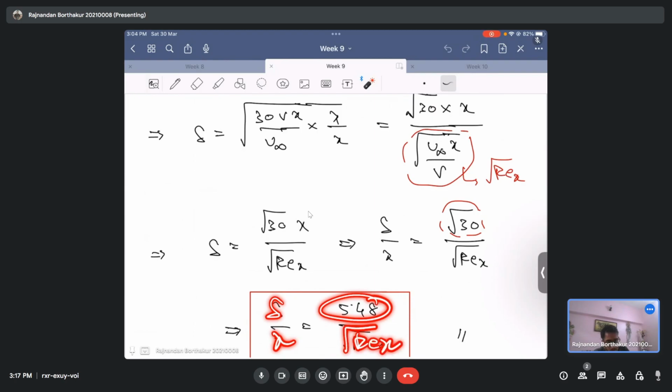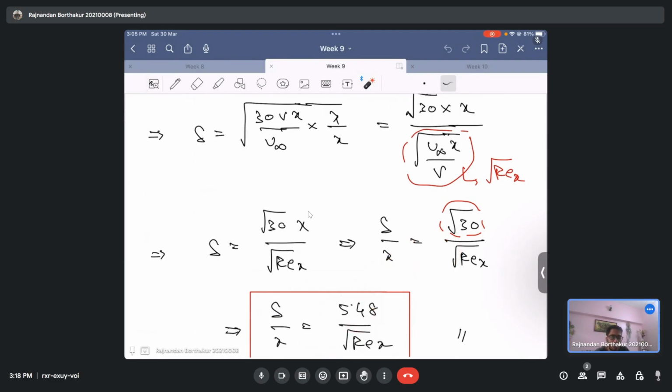We ended by saying that if we compare this with the exact solution derived by Blasius using the similarity analysis or the similarity principle, the constant that Blasius evaluated is 5. So it's a way of saying that the momentum integral approach works, as the constant 5.48 is close to 5.